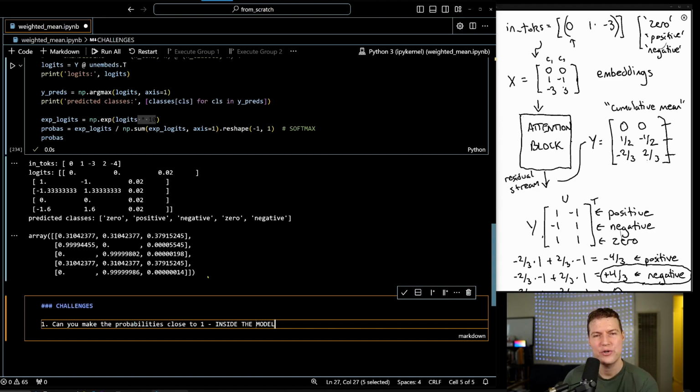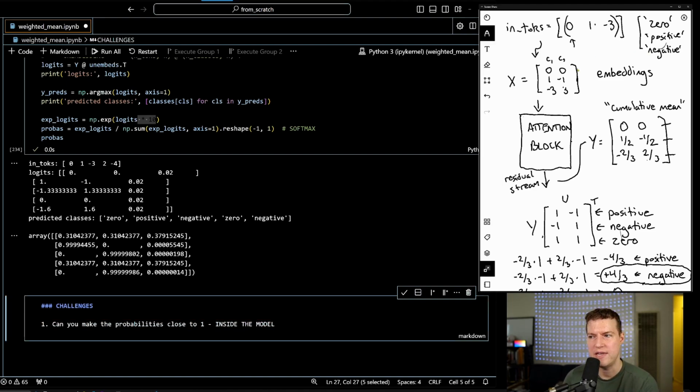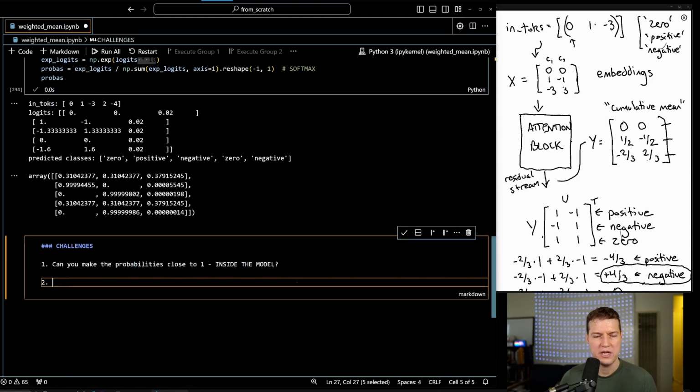And you have 3 opportunities for doing this. You could do it in the embeddings, you could do it in the attention block using that formula, or you could do it in the unembeddings. The second is, now that we have the probabilities close to 1, because we know that we're perfect, would it be possible to minimize the model?